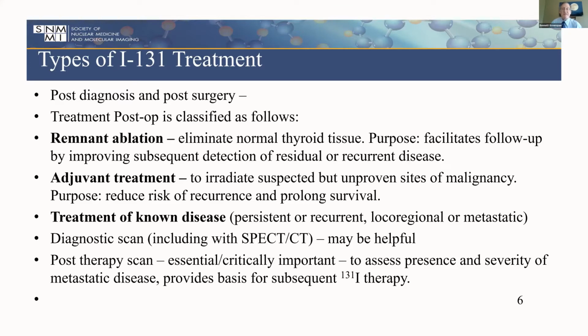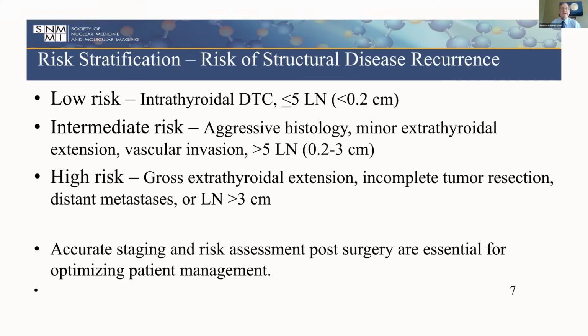And treatment of known disease, which is persistent or recurrent disease and local, regional, and metastatic disease. A diagnostic scan, including with SPECT-CT, may be helpful. The post-therapy scan is essential and critical to assess presence and severity of metastatic disease and for providing a basis for subsequent I-131 therapy.